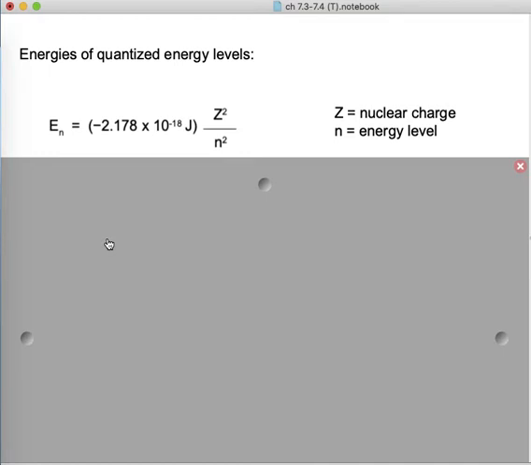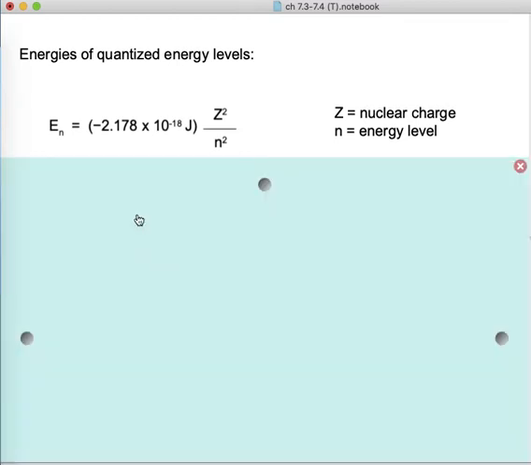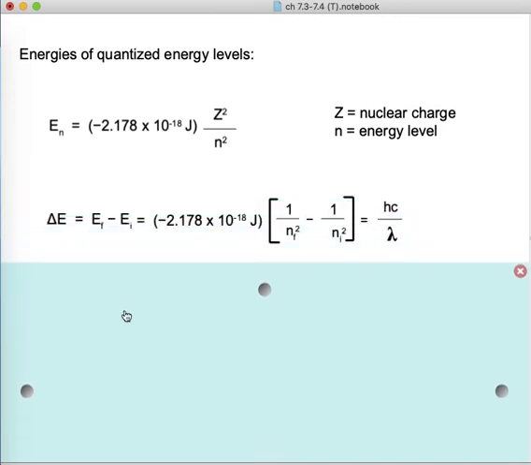Z is the nuclear charge, which for hydrogen is going to be equal to 1, where n is the quantized energy level. We can use this to calculate differences in energy levels and therefore amounts of energy absorbed or emitted in transition by writing this out for n initial and n final, and subtracting and collecting terms and leaving out the Z because we know Z is equal to 1 for hydrogen.